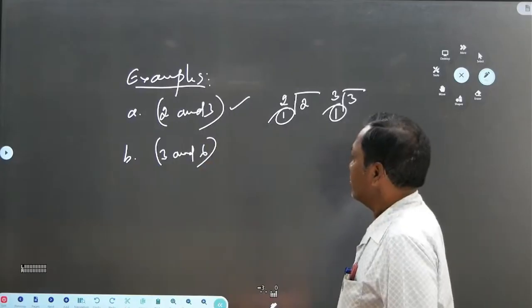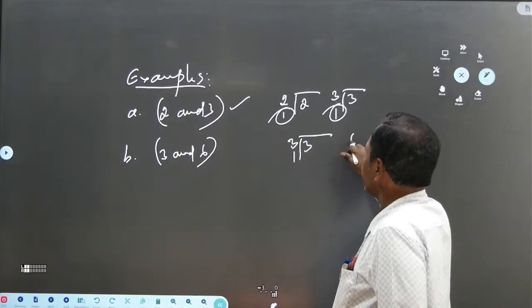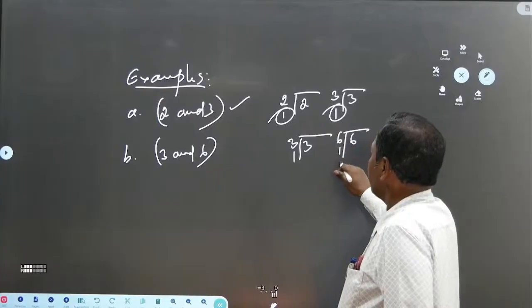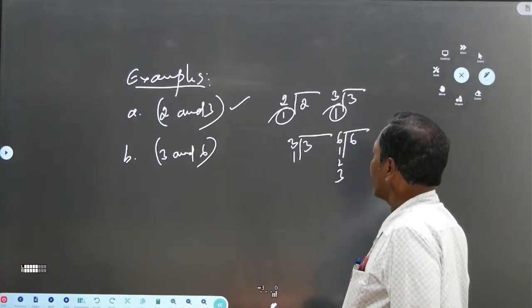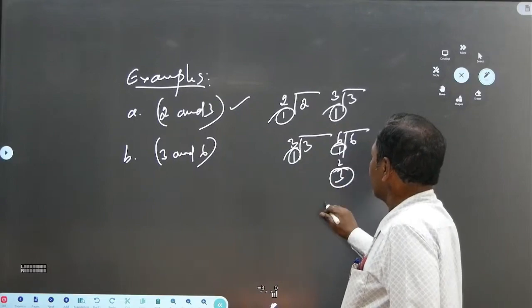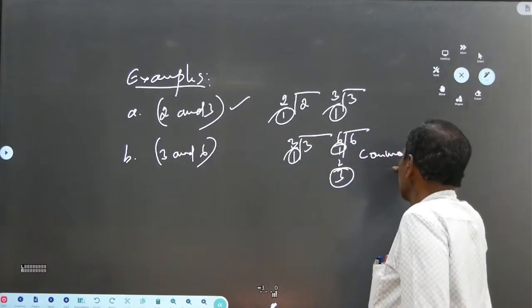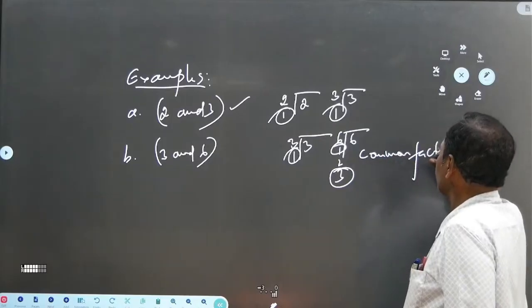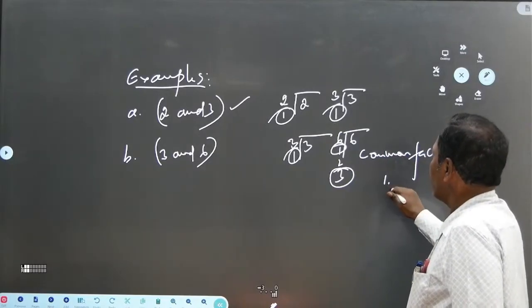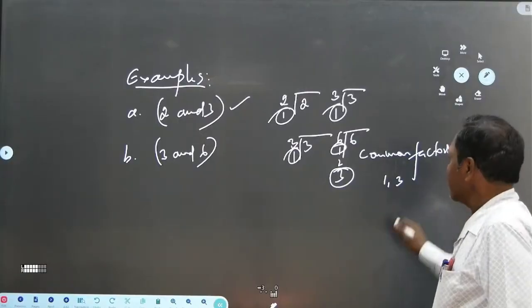See, if you take another example, let us say, like 3 and 6. 3 has itself and 1, 6 has itself, 1, 2, 3. What are the common factors for this? 1, and 3 also is there. What is the highest factor? 3.